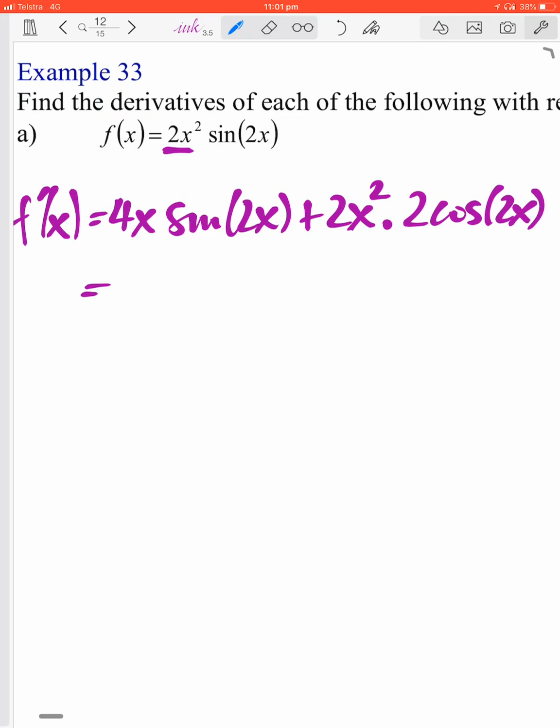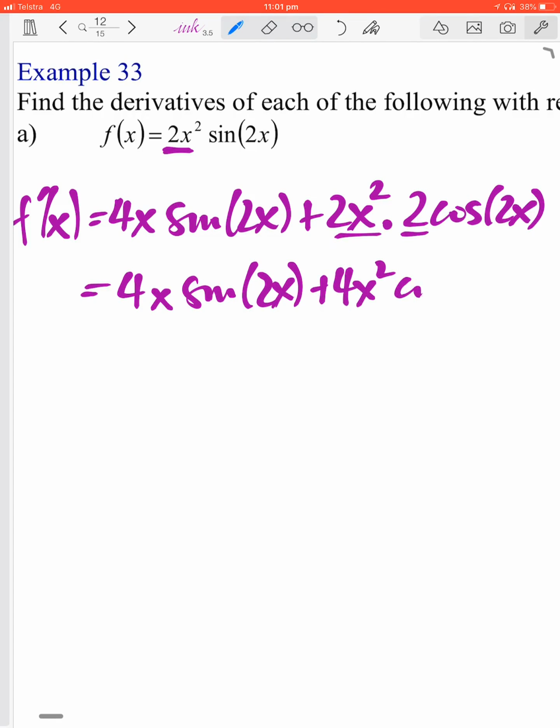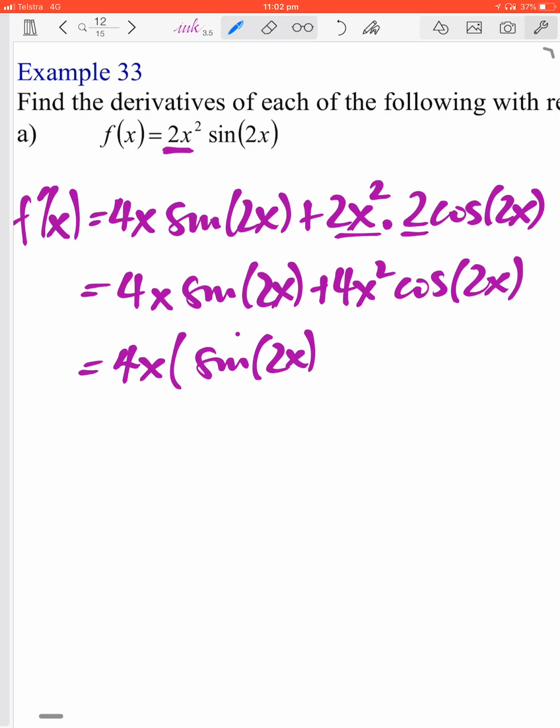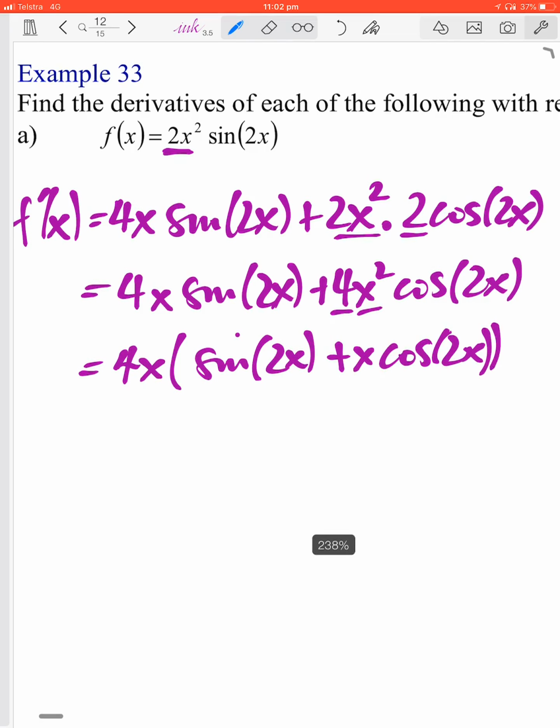Then we clean up: 4x sine 2x plus 4x squared cos 2x. If you wanted to, you could take out 4x, (sine 2x plus x cos 2x), because I've taken out 4 and one of the x's.